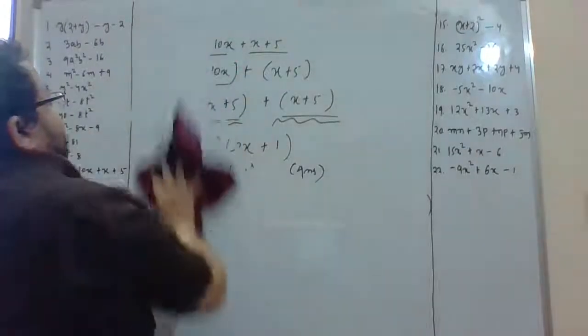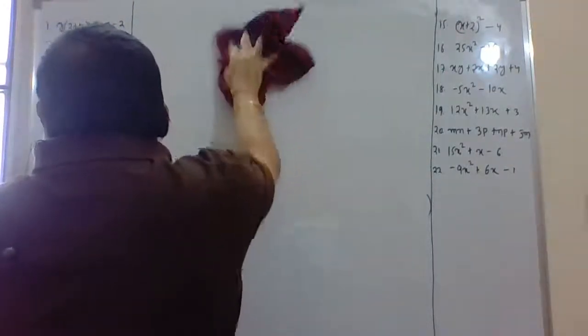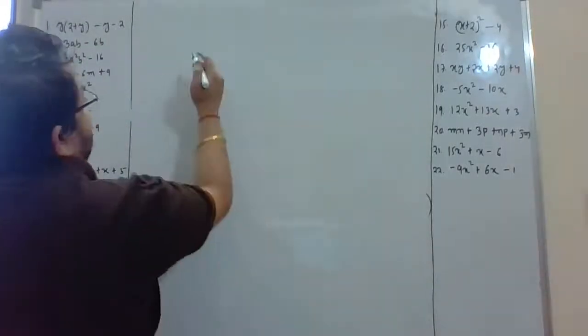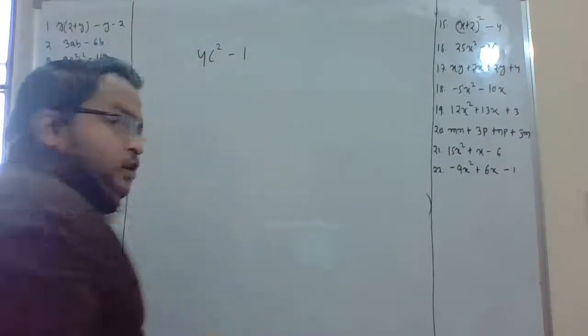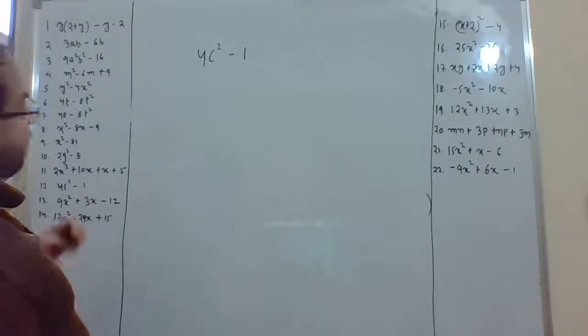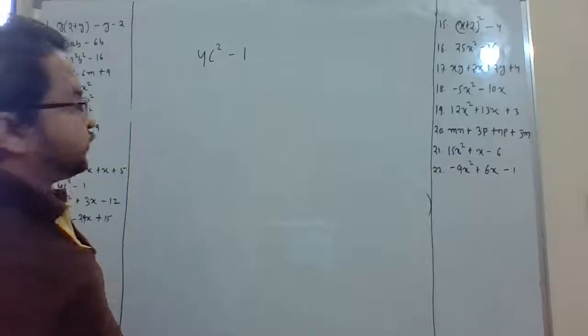So now let us go to the next practice problem. That is again a pretty easy one. 4c squared minus 1. Again, step number one, is there any common factor across these two?